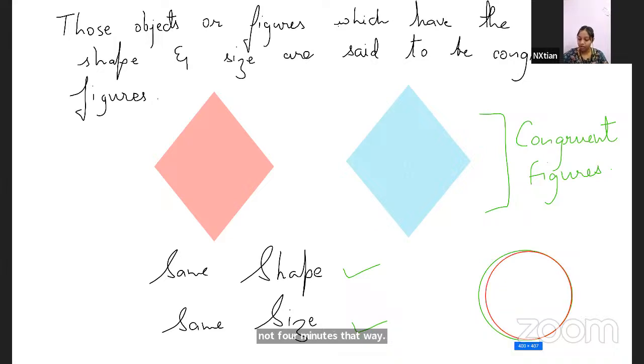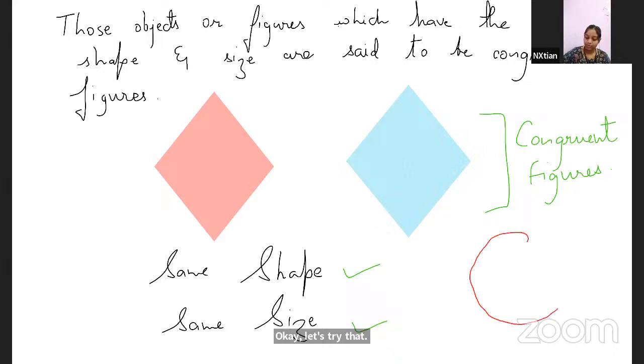Why don't I draw one circle? This is free-handed drawing, so it will come like that.